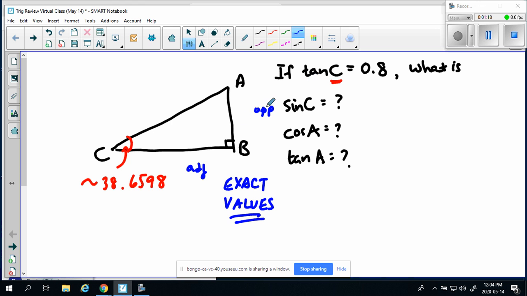So I'm expecting opposite over adjacent to be a fraction of some sort, but they've given me a decimal. But I can actually convert that decimal to a fraction using the math fraction function in my calculator. And if I do that, then I'm going to get 4 over 5. So I could label my opposite over adjacent as 4 over 5.